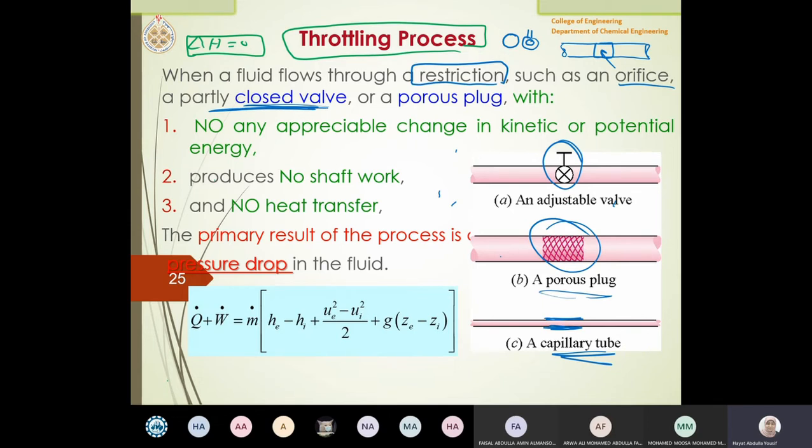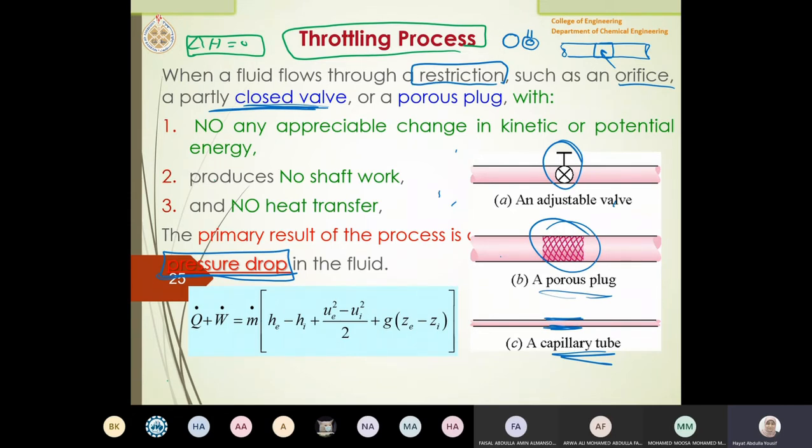So with the capillary tube, you do have a pressure drop, and that is a kind of throttling as well. Those are different types of throttling processes, and in all of them what you get is a reduction in pressure because of having those devices or parts fed in the piping system.